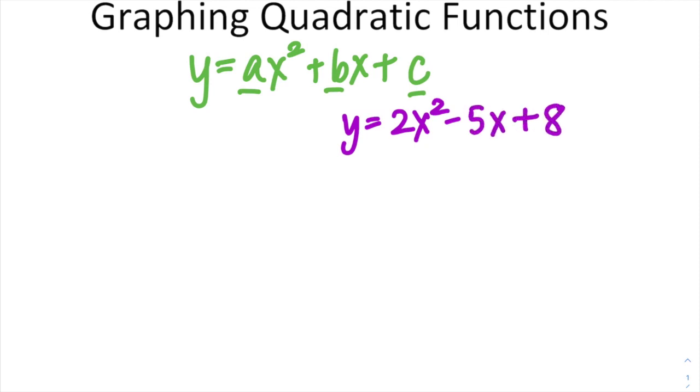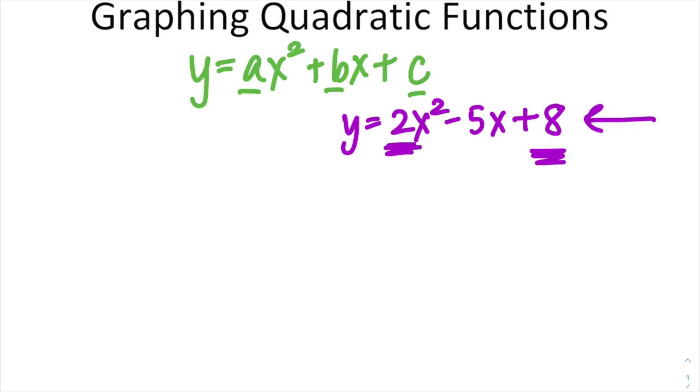So the question is, what does this graph look like? You know from your previous assignment that this 2 in front of the x squared is going to change how wide or narrow the graph is. So this one will be narrow because of the 2. And you know that the plus 8 is going to move the graph up or down.